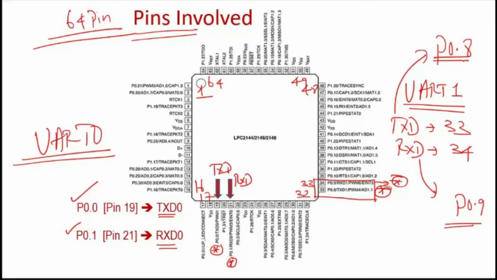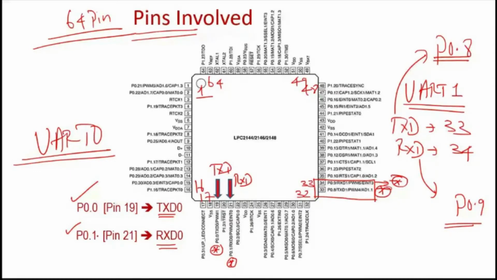What do you mean by port 0.8, port 0.9, port 0.0, 0.1? It means each pin in LPC2148 is capable of performing multiple functions. Just like in 8051, the transmit data and the receive data pins are port 3.0 and 3.1. In normal case, you can use those pins as general purpose parallel port pins.